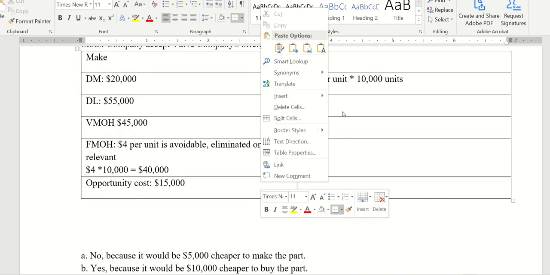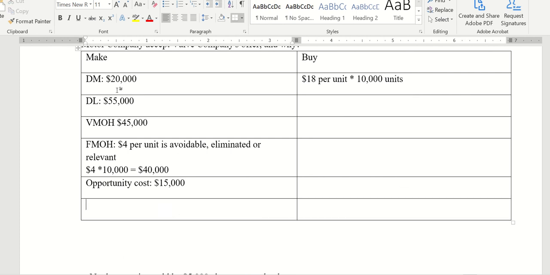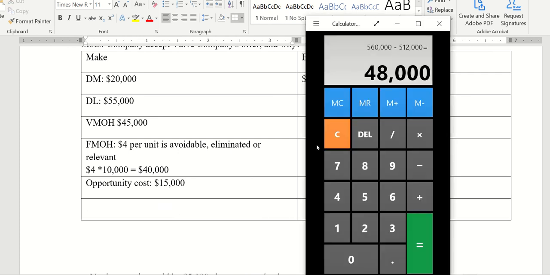And then let's see our totals over here on the bottom. So total, I'm going to add up 20,000, 55,000, 45,000, 40,000, and 15,000.